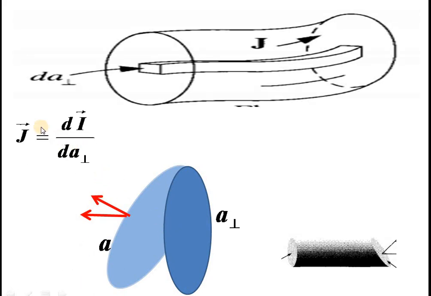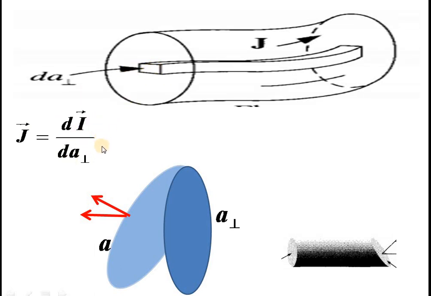Let us see. In our case, suppose current is flowing across this surface along this wire. Then suppose dI current is passing through this small area dA perpendicular. Then the surface current density, volume current density, will be the current through this surface dI divided by the surface area dA.